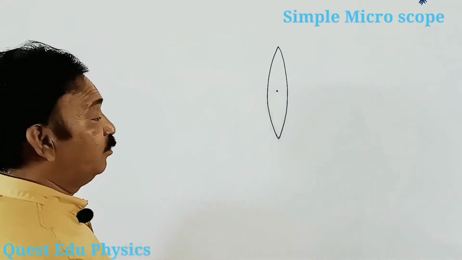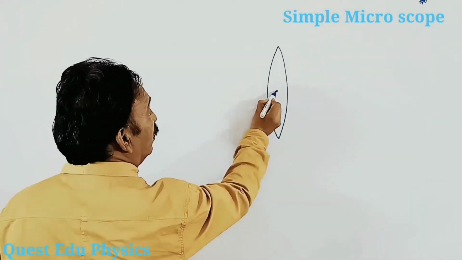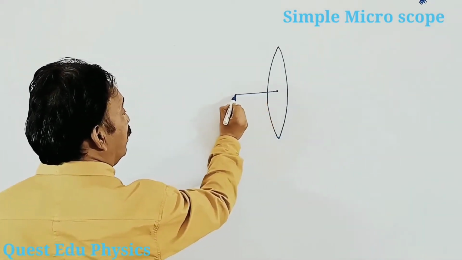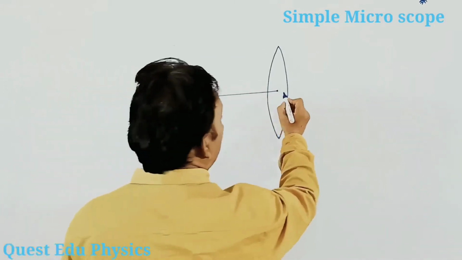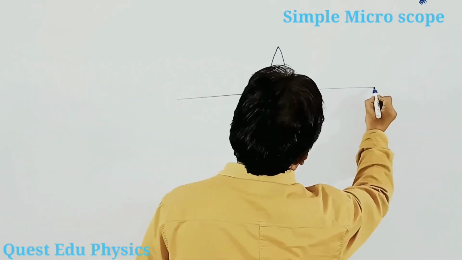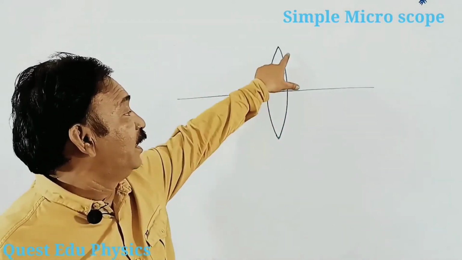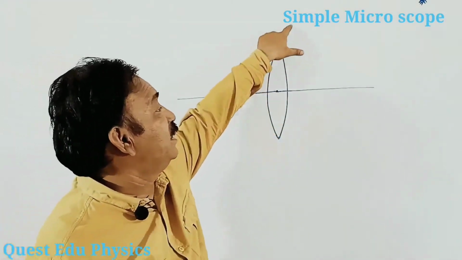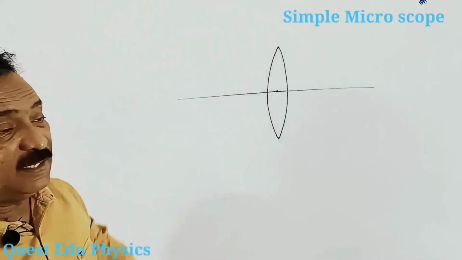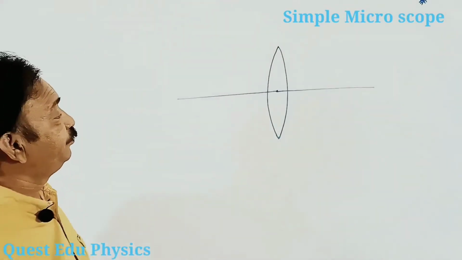Optic center means what, students? We are making a light ray pass through the optic center, joining the two radii of curvature, students. This is the first radius of curvature and it is the second radius of curvature.